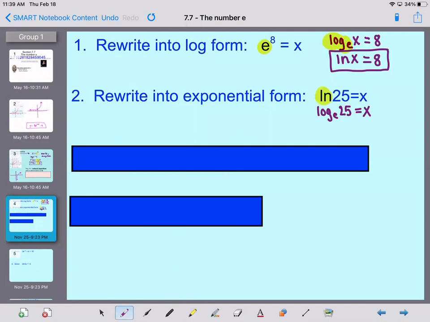So start with the base and go around the equal sign. So the base is E to the X equals 25. If you can skip this step here, you can. Maybe you do it for today, and then maybe by tomorrow you're saying I can skip, right?